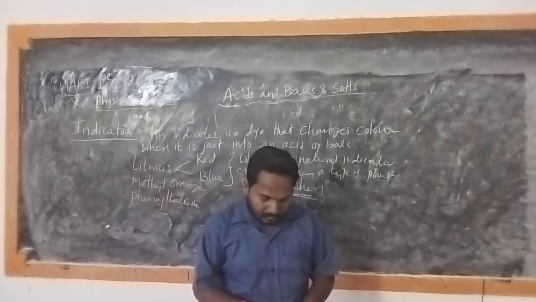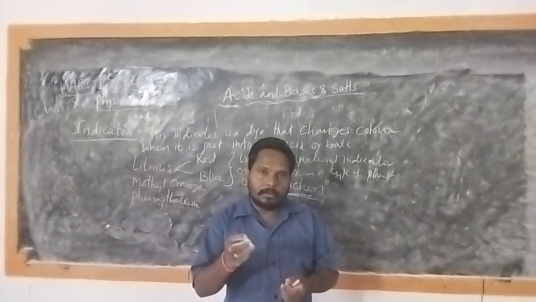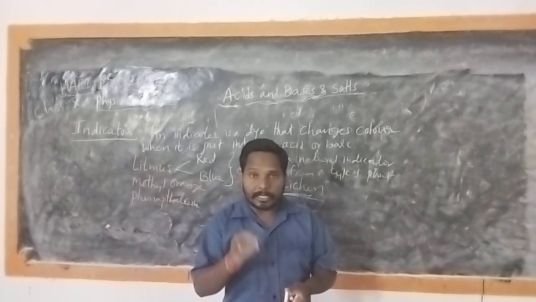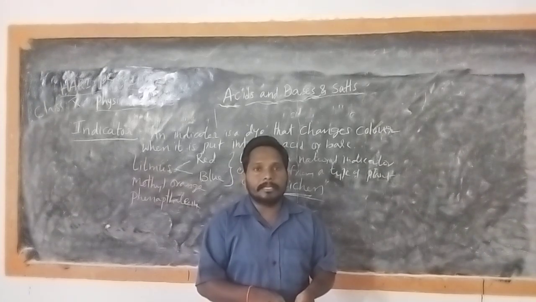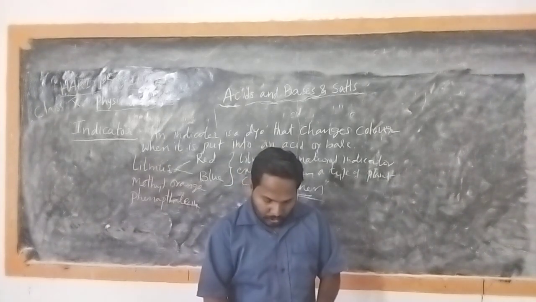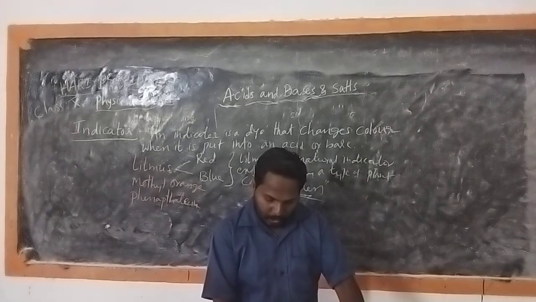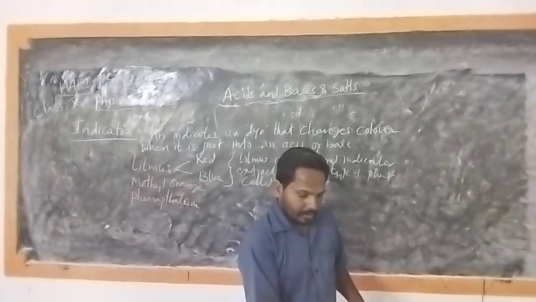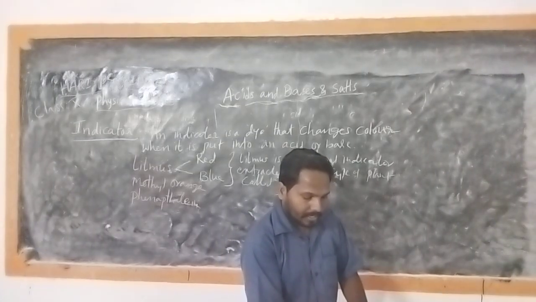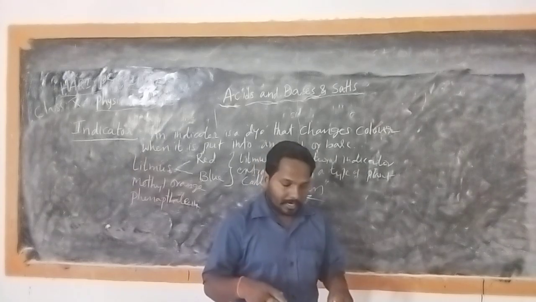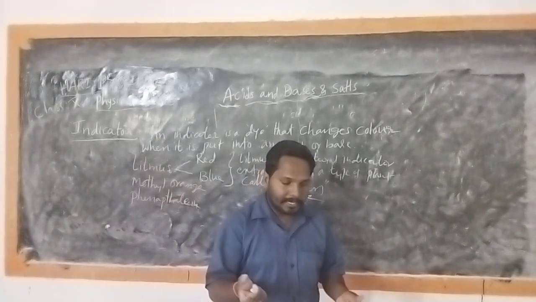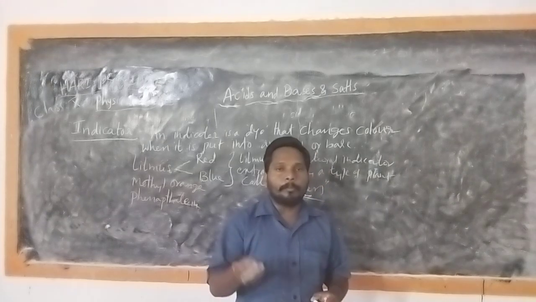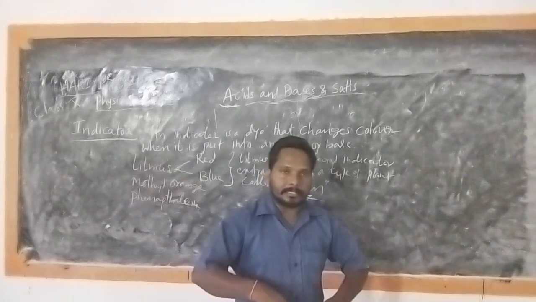One more natural indicator is turmeric. Many times we have noticed the yellow stain of curry on a white cloth turns reddish brown when soap is scrubbed on it.